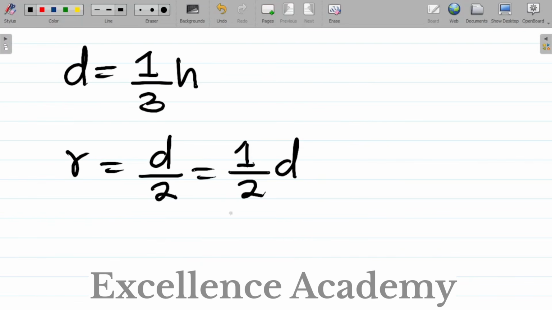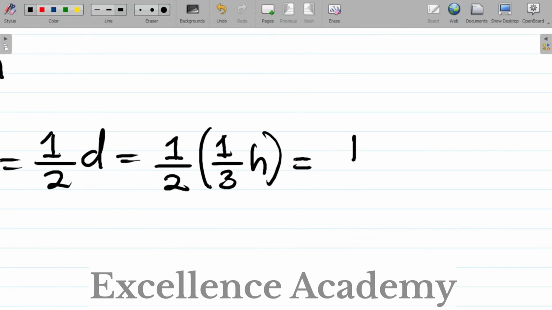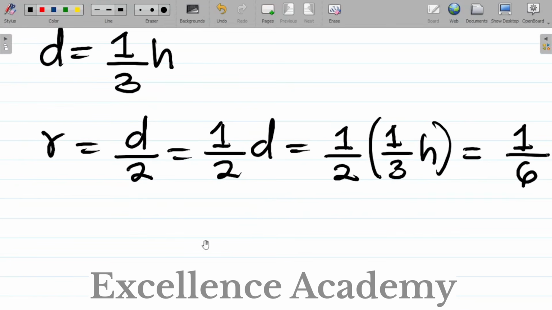If I put in the value of diameter here, we can see that radius is equal to 1 all over 2 times diameter. The value of diameter is 1 all over 3 times height. Multiplying, 1 times 1 is 1, 2 times 3 is 6, and then height. So the radius is actually 1 over 6 times the height.